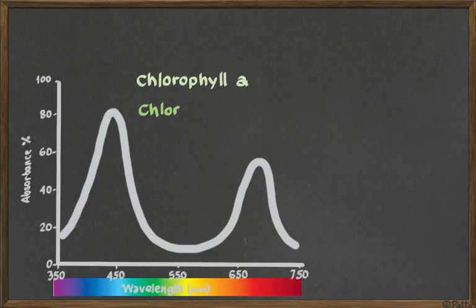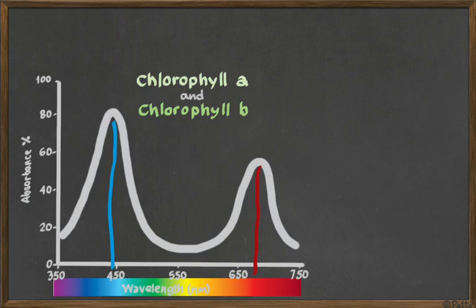On the x-axis, we have the wavelength, so how much absorption is happening, causing photosynthesis by chlorophyll A and chlorophyll B together. As you can see here, there's a peak around the red, 600, almost 700 nanometers, and you have here around 450 the blue. Let's make it blue to make it prettier.